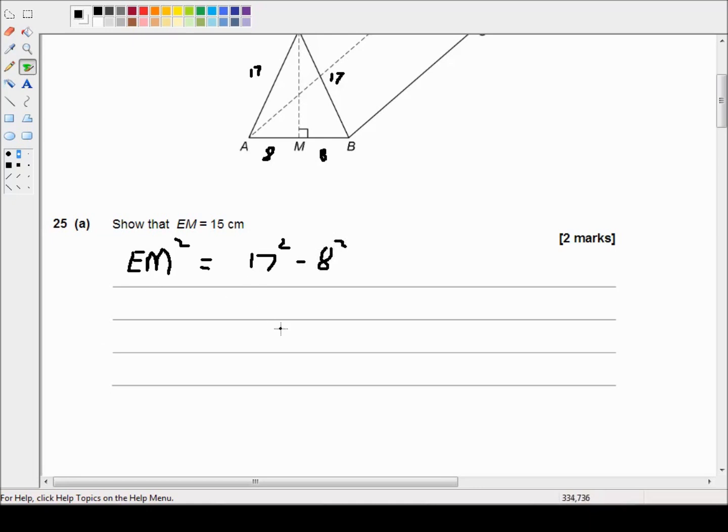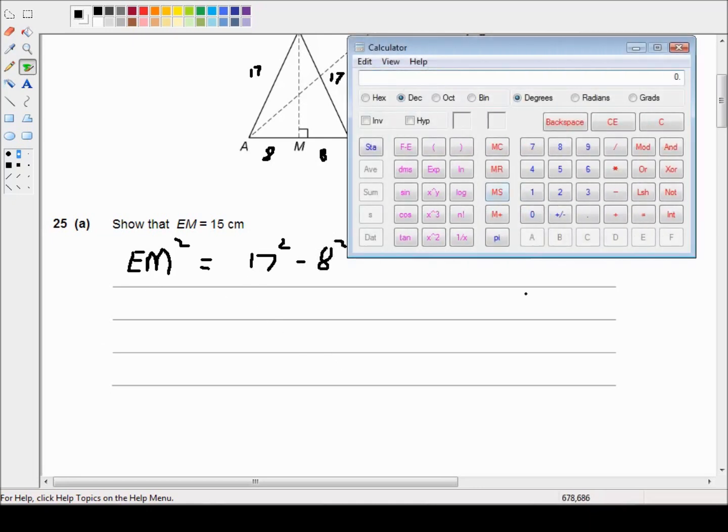So if we just grab our calculator. Okay, so I've got my calculator. So if I just do 17 squared minus 8 squared, and that's equal to 225, and then I'll find the square root, so I do inverse square to get the square root, and that's 15.